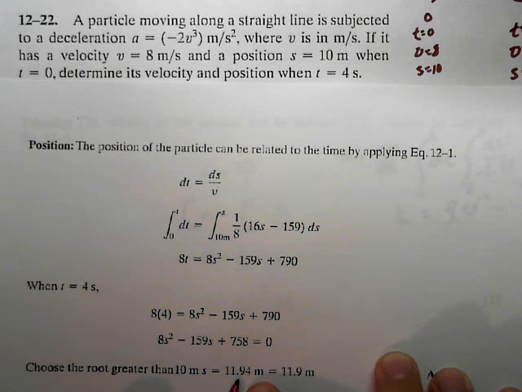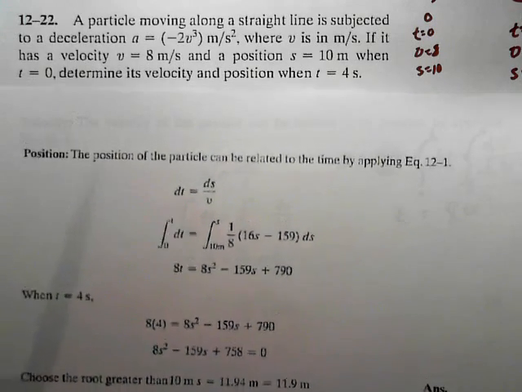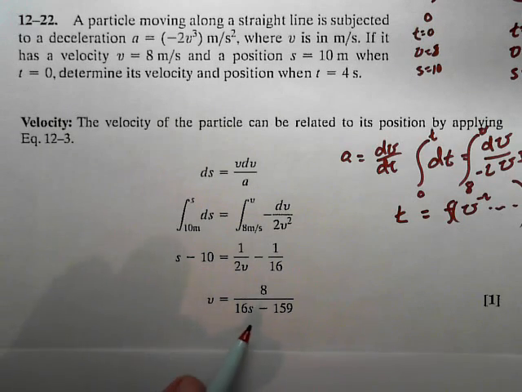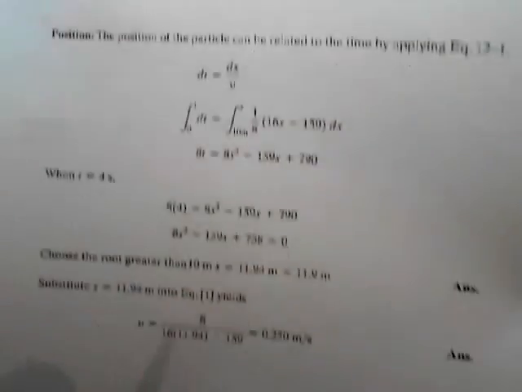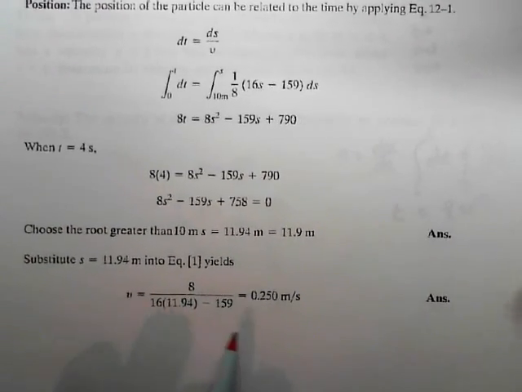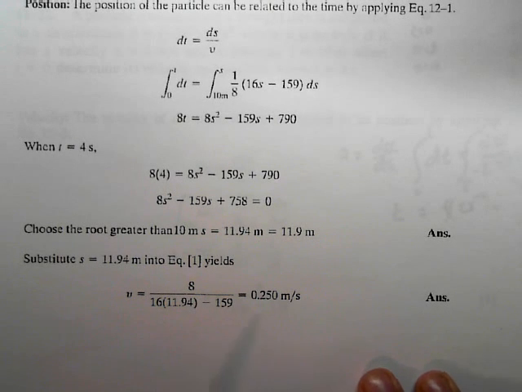Now that we know s at t equal 4, we have an equation for v of s, which we derived back here. So we can plug in that very same s right here and solve for the value of v and come up with 0.25 meters per second. And that would be the answer to that problem.